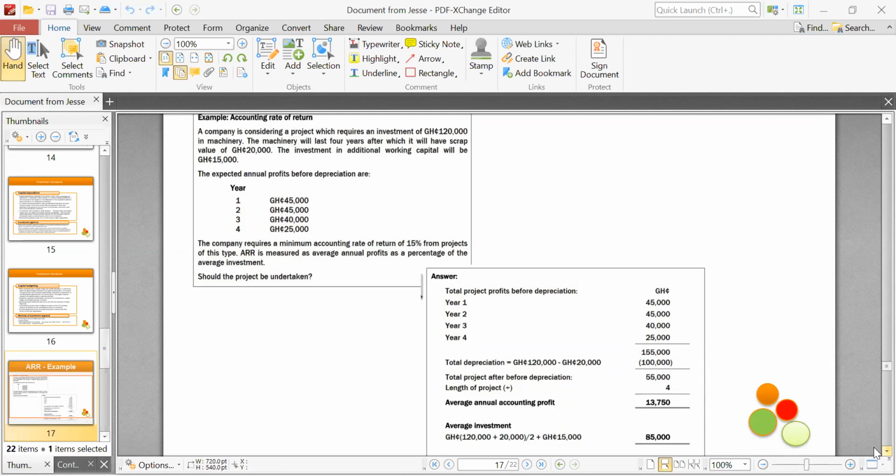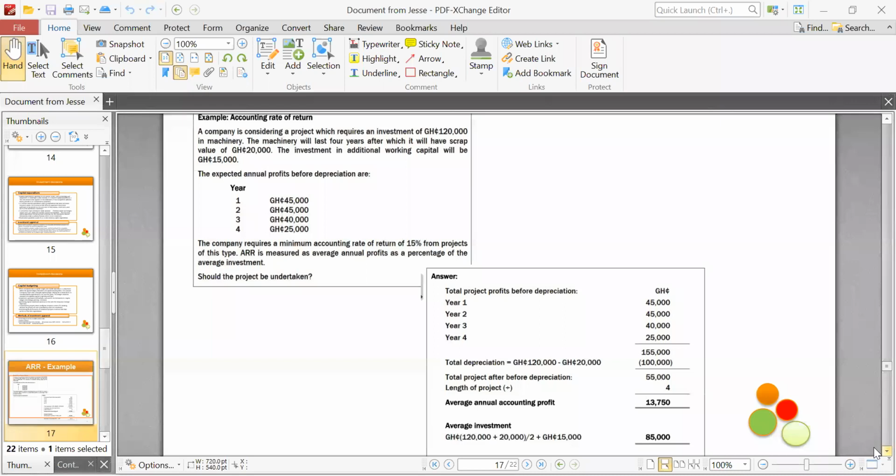Okay. Now, what is the length of the project? The length of the project is 4 years. So if you want your annual profit, divide 55,000 by 4. You should get 13,000 something.